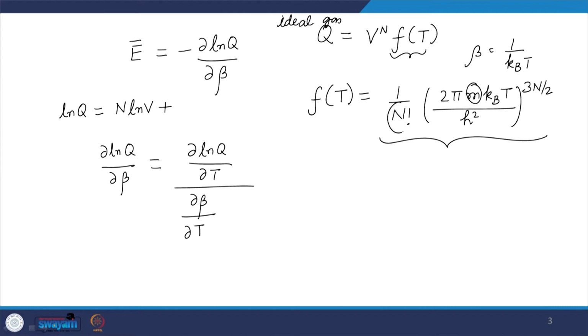Everything else is a constant here. m is the mass, n is the number of particles, h is the Planck's constant, kB is the Boltzmann constant, and therefore, I can write this as some constant, that is a function of n, multiplied with T to the power 3n/2, and therefore, ln q will have an additional term ln g, that is a function of n, plus 3n/2 ln of temperature.